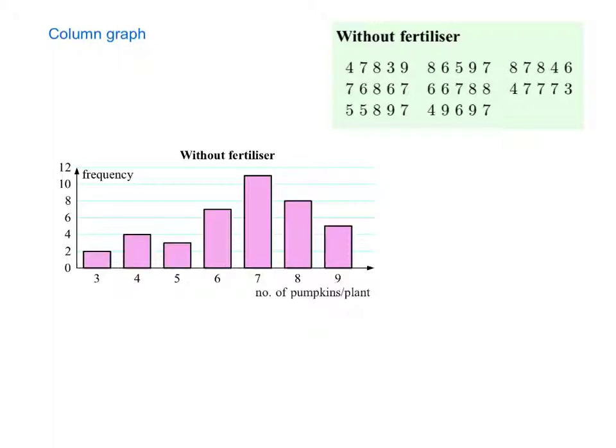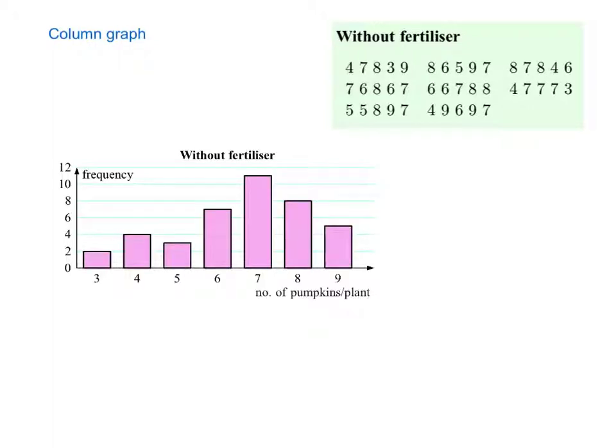The second method we're going to look at to organize and visualize our discrete data is called a column graph. Let's again take a look at the pumpkin data from the opening problem of Chapter 8. This time, instead of using the tally frequency table, we're going to take the frequency data and put it into a column graph that looks like this.